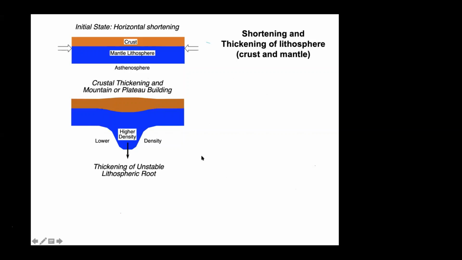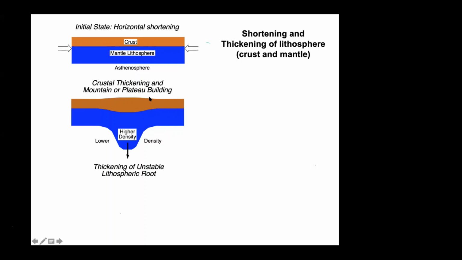So the hypothesis that I'm offering, and that some of my colleagues also like, but not everyone, is you start with crust, which is buoyant, above mantle lithosphere, which is negatively buoyant, above asthenosphere. The mantle lithosphere is slightly more dense than the asthenosphere, at least at the same pressure. Crust is, of course, much less dense. You thicken this horizontally.